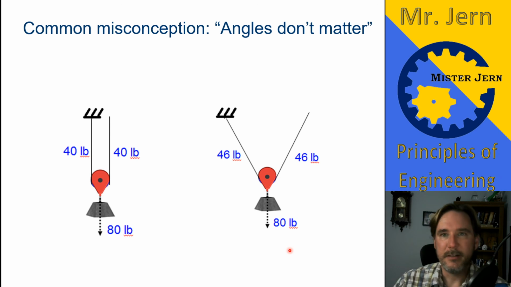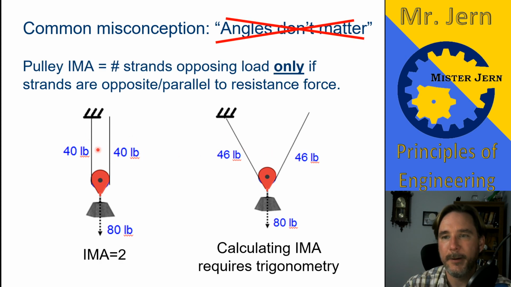Okay, there's a common misconception that angles don't matter. Pulling with 40 pounds here, it does matter, because you have to understand that this IMA only comes into play if the strands are opposite or parallel to the resistance force. So think about this: you're pulling straight up with 40 and 40. The weight of this is pulling straight down with 80. So we got our IMA of 2.